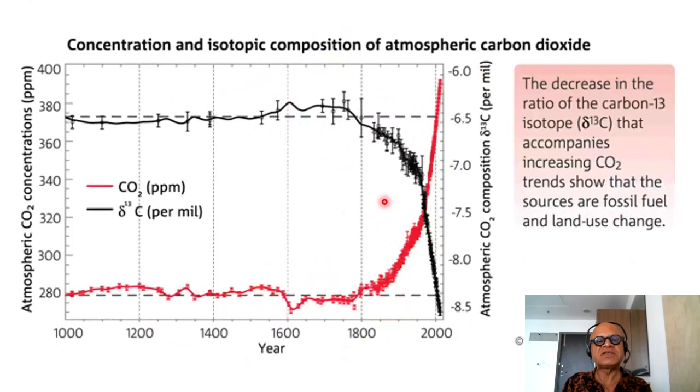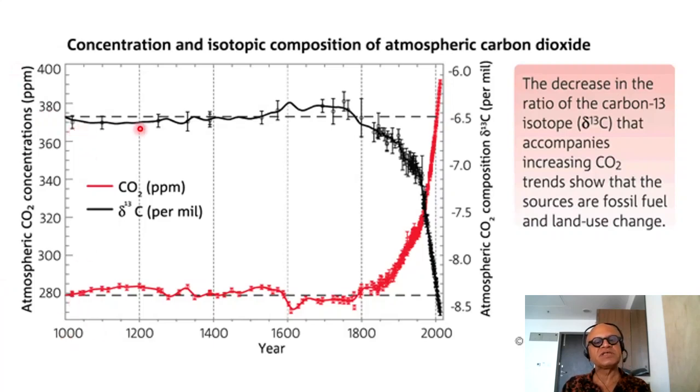Okay, associated with that, you can see it on a longer term as well. So, concentration and isotopic composition of atmospheric carbon dioxide: the decrease in the ratio of the carbon 13 isotope, delta C13, that accompanies increasing CO2 trends shows that the sources are fossil fuel and land use change. So here is atmospheric concentration in ppm going back a millennium.